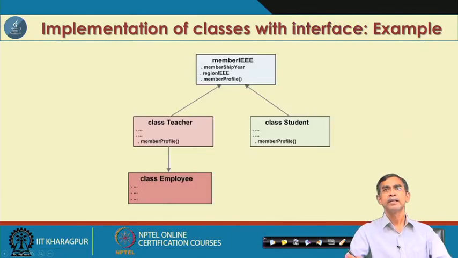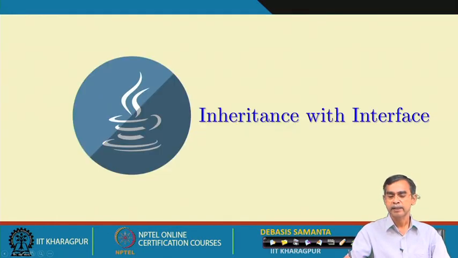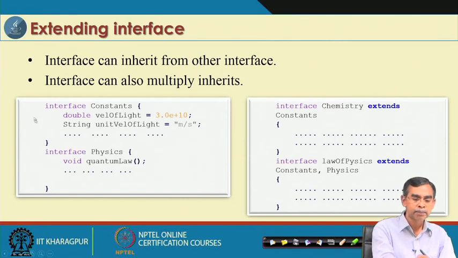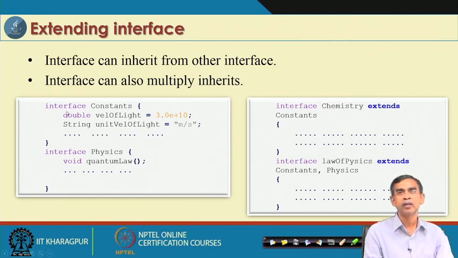The same idea can be extended for other cases; this is another example that you can consider. Now, inheritance with interface: as I told you, an interface can also be used to extend another interface. This is the same concept as with a class, meaning an interface can be treated as a class so far as inheritance is concerned.